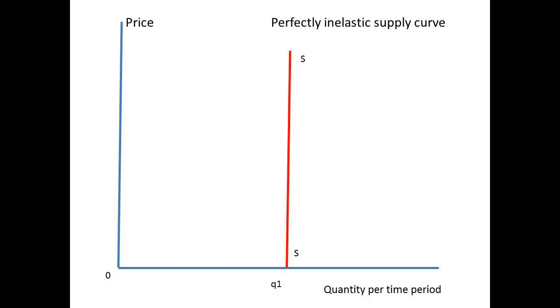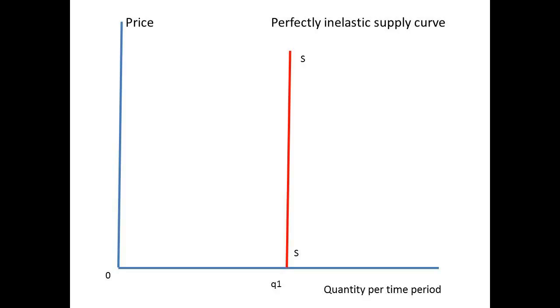If ES, the elasticity of supply, is less than 1, then the supply is inelastic. A given percentage change in the price will cause a smaller percentage change of quantity supplied. If ES is greater than 1, then the supply is elastic. A given percentage change in price causes a greater percentage change in the quantity supplied.